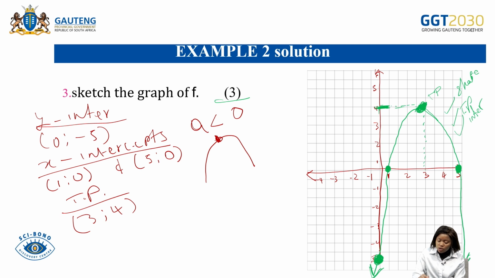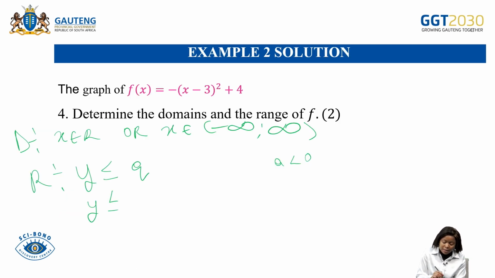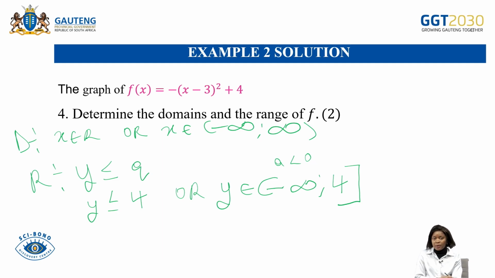So it means your y is less than or equal to +4, because we are starting exactly at +4. Ne? Or you can say y is an element of, it starts from -infinity to +4, but the +4 is included, and you put that square bracket. So either you write this one or you write this one, but you still get your full 2 marks.